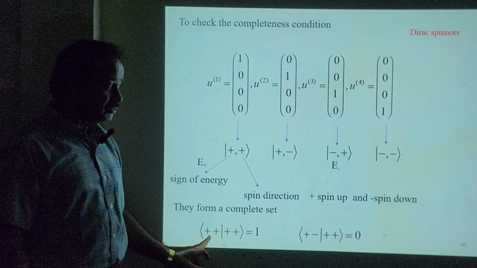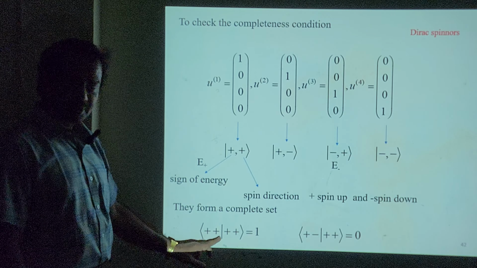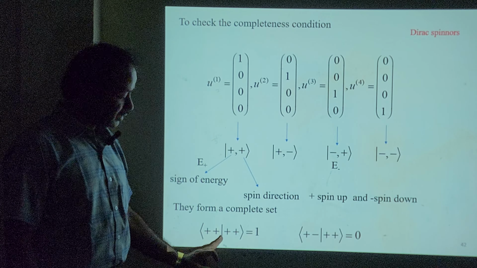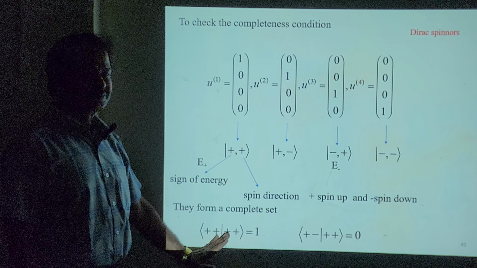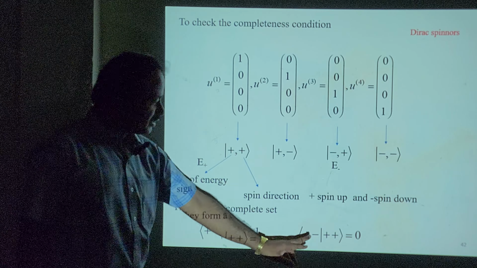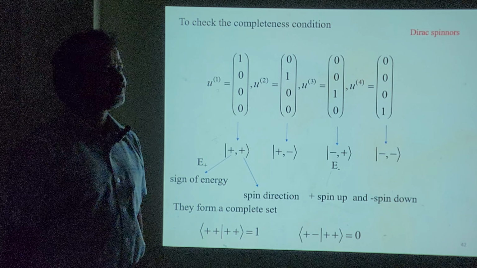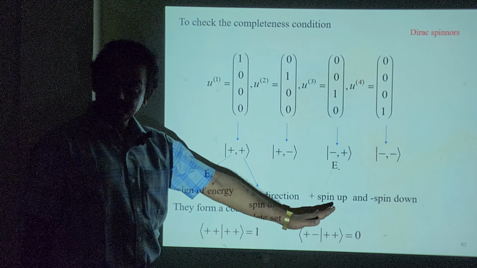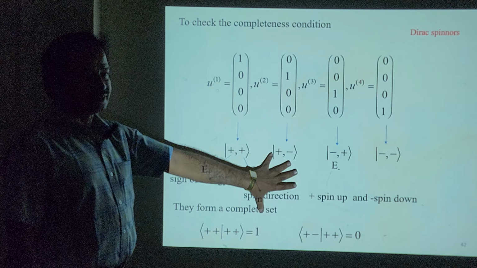Similarly for minus minus, the bra vector with the ket vector, the answer is 1. If it is the other way around, that will be 0: minus plus or plus minus will be 0. So the normalization condition is satisfied.